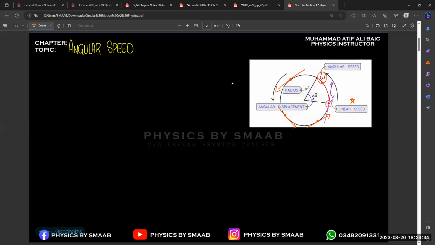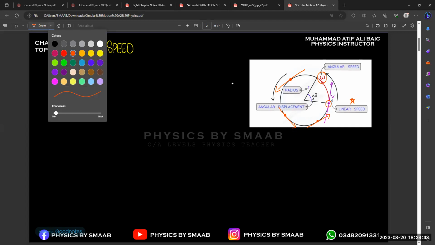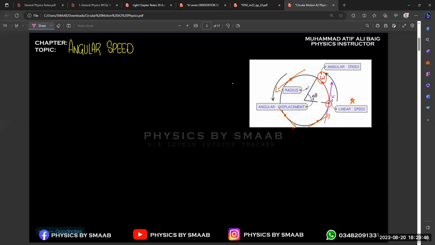Any confusion? No. Okay. So again, we need to write about angular speed. The angular speed is equal to the rate of change in angular displacement with respect to time.